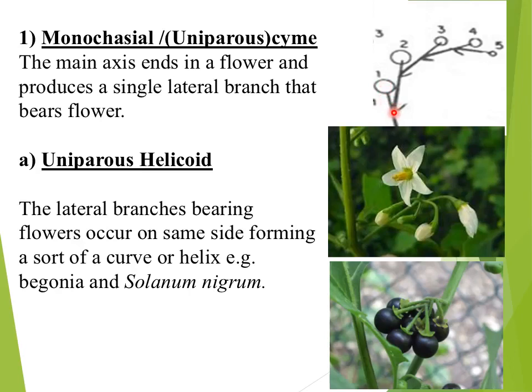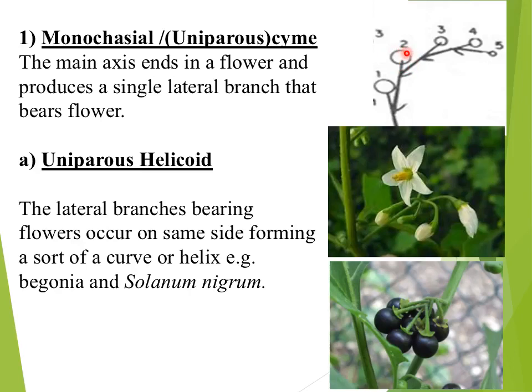But one thing is special here: in the uniparous or monochasial type of inflorescence, only one flower will form at one time. Again, the second flower will come from the main axis, and growth will stop.